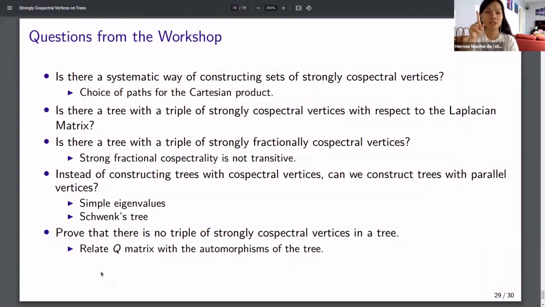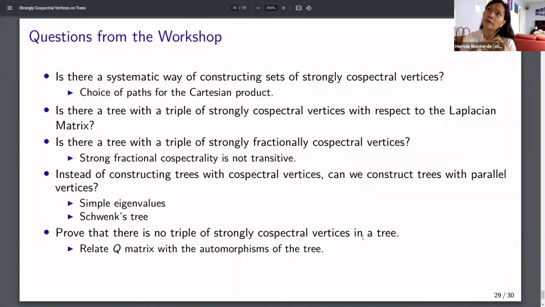Emanuel, I have a question. Sorry. Go ahead, Harry. What you did was with respect to the adjacency matrix, right? And the techniques mostly employed characteristic polynomials and the ratios and everything, right?